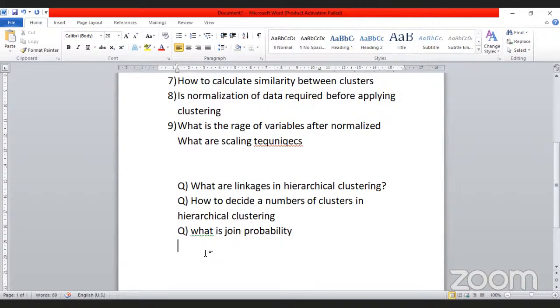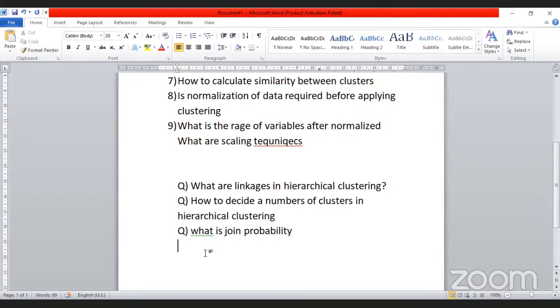Joint probability means the probability of two events occurring at the same time. For example, we want to predict whether a mail is ham or spam. The condition is, if there is the word lottery in a mail, then it has to be predicted as spam, right?